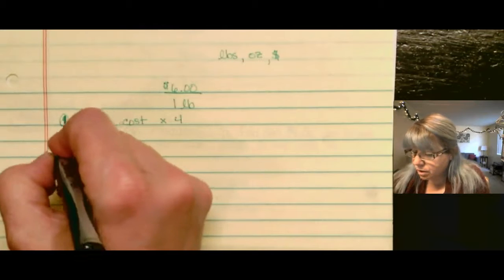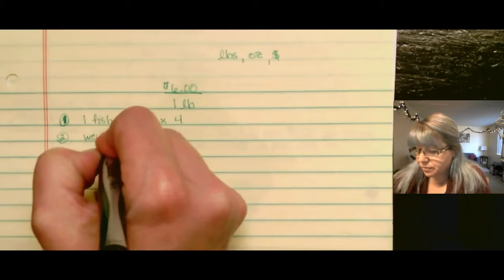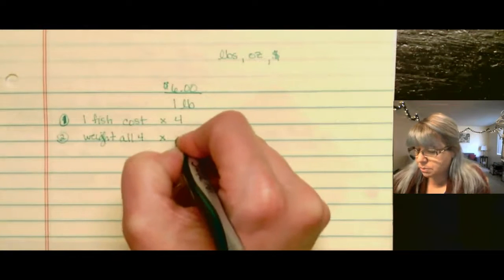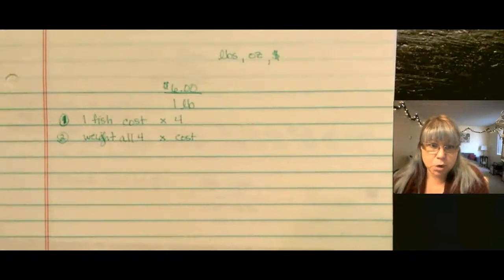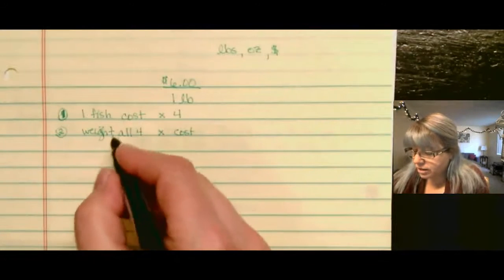Or we figure out how much weight all 4 fish are, and then we multiply it by how much it costs, the $6 per pound. So I think I'm going to do both ways here. I'm going to figure out what 1 fish costs.